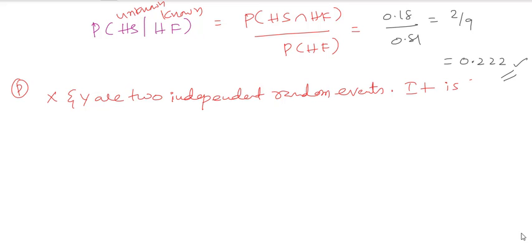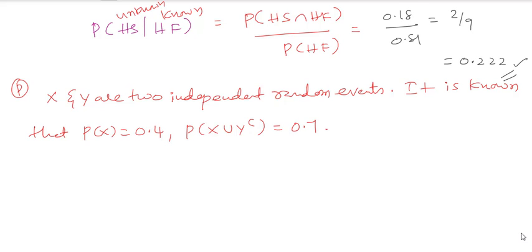It is known that the probability of X is equivalent to 0.4 and the probability of X union Y complement is equivalent to 0.7.